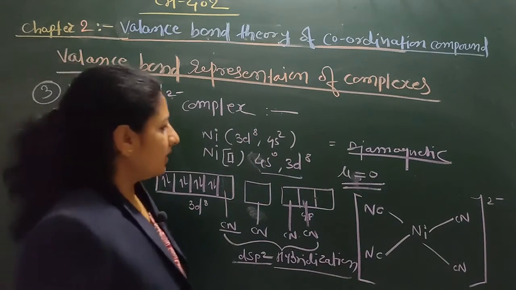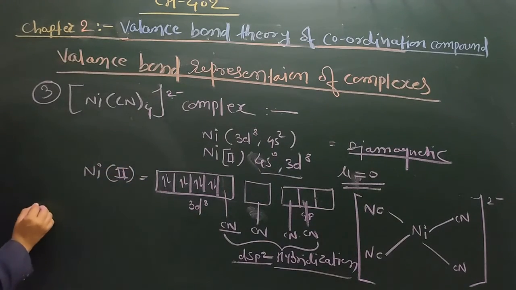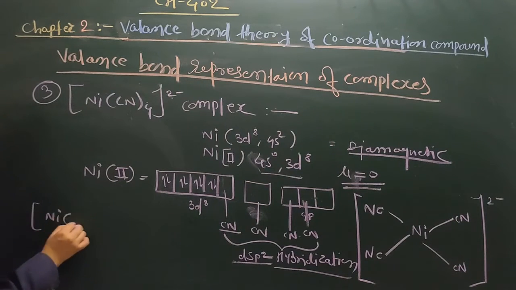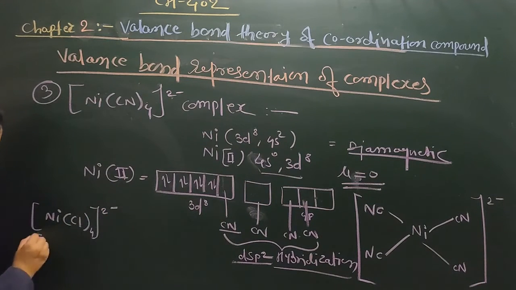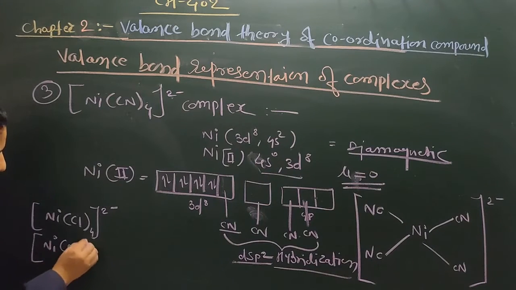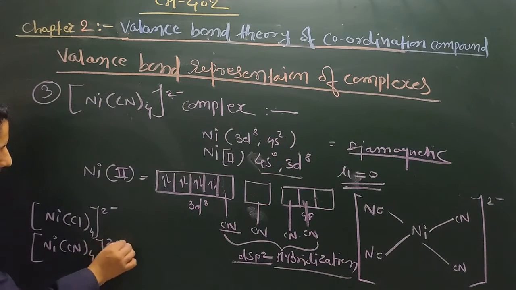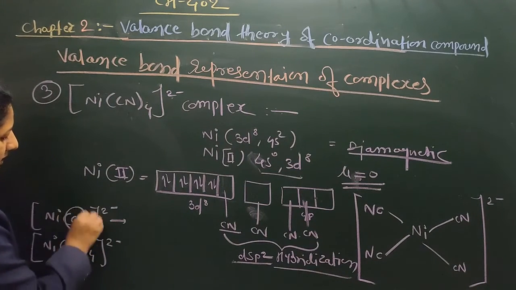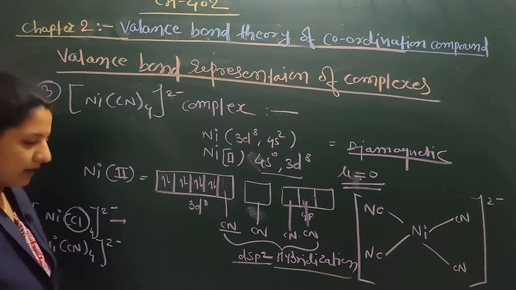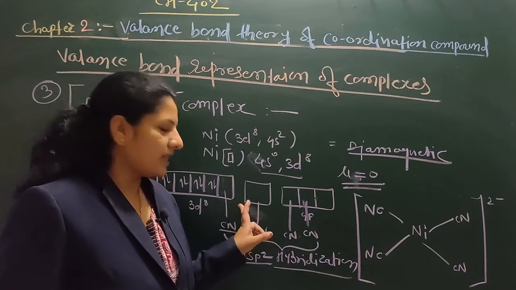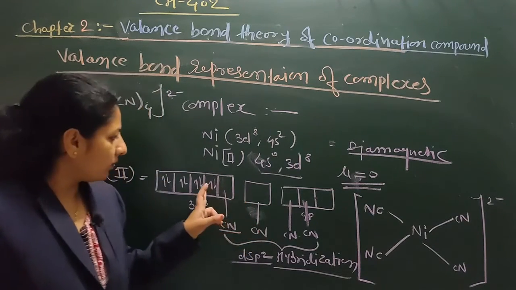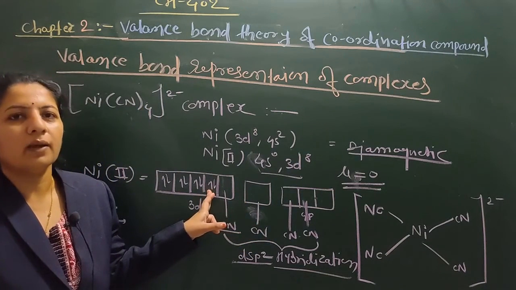In comparison with nickel tetrachloro, which we discussed previously, here we discussed the nickel tetracyano complex. But the difference is that chlorine is a weak field ligand, whereas cyanide is a strong field ligand, and the effect of a strong field ligand is that the electrons in the d orbital get paired.